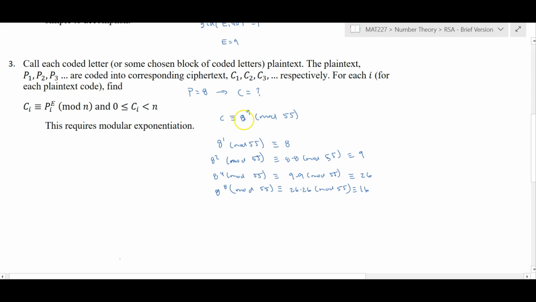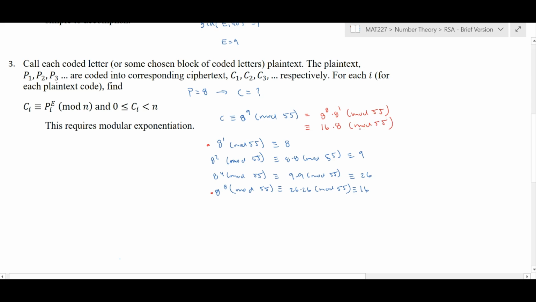Okay, so now to construct 8 to the 9th, we need to grab the corresponding remainders that will construct that number. So 8 to the 9th, we'll notice, is 8 to the 8th times 8 to the 1st. So this equals 8 to the 8th times 8 to the 1st mod 55, and that is congruent to the remainder of 8 to the 8th, which is 16, times 8 to the 1st, which is, its remainder is just 8 mod 55.